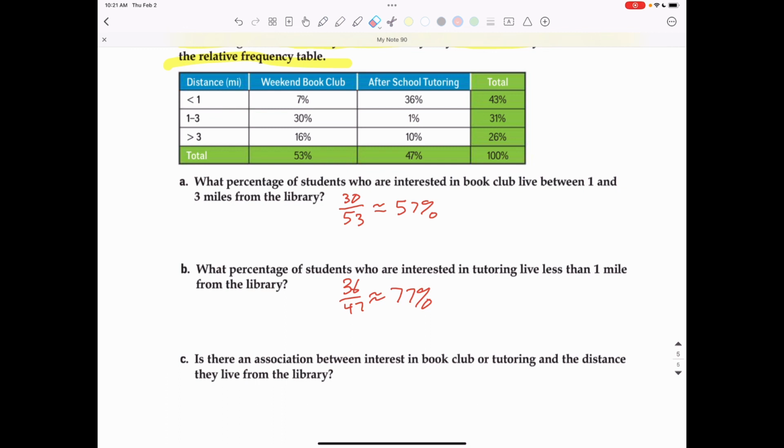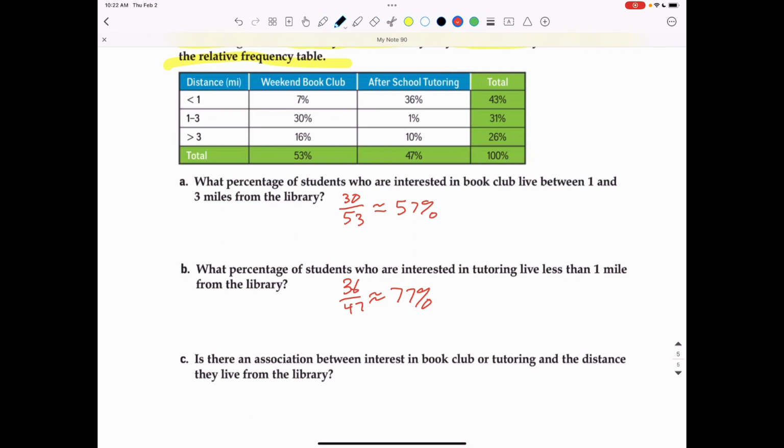But there does seem to be a strong association between living very close to the library and after-school tutoring, compared to weekend book club and further away from the library. And we can really see that when we look at the first couple of percentages we got here.